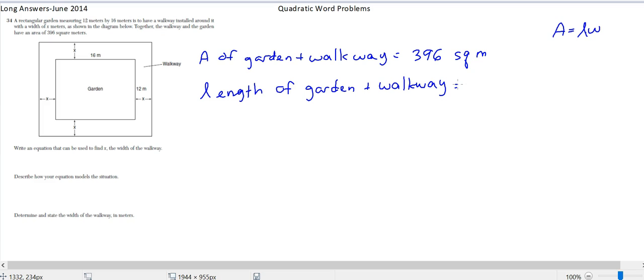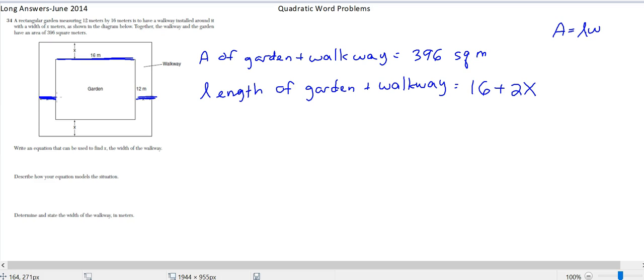Well, the length of the garden is 16. And the walkway adds x meters on one side, and it adds another x meters on the other side. So the length of the garden plus the walkway is 16, what it originally was, plus 2x. An x row over here and an x row over here.